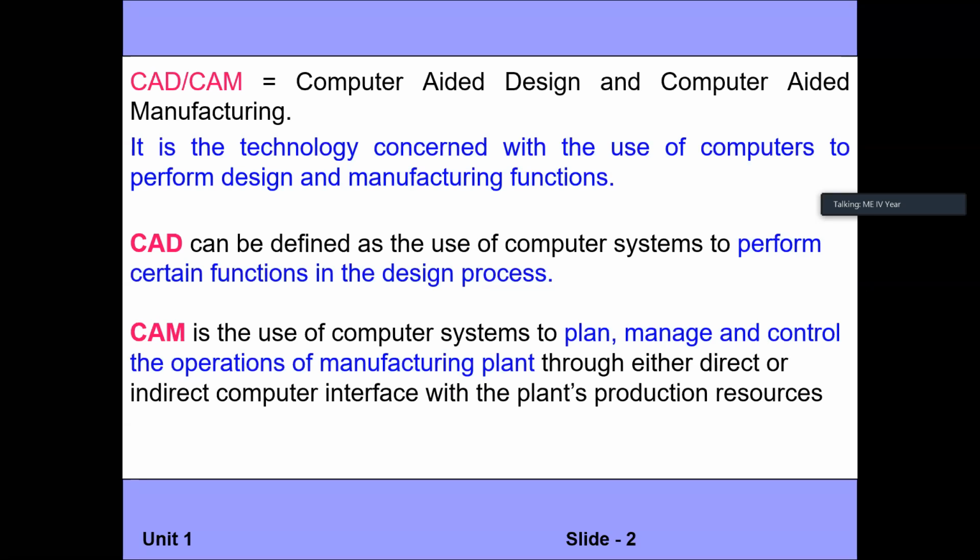Without that, you can't do a job anywhere, because all the companies are now automated, and some may be semi-automated. So everywhere these CAD/CAM systems are used, and the advanced form of CAD/CAM is nothing but PLM. So PLM is again incorporated with all CAD/CAM software.